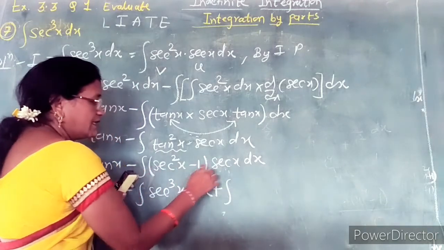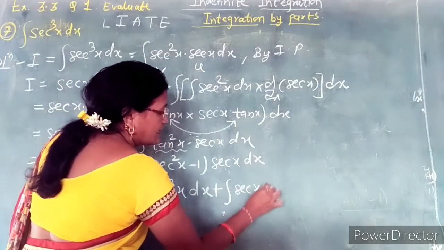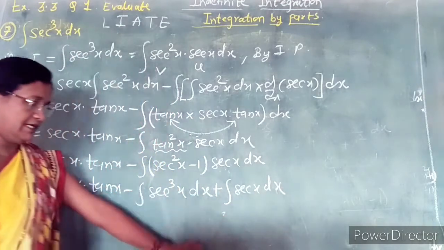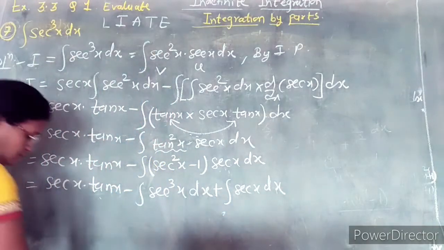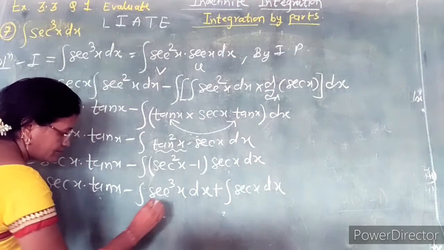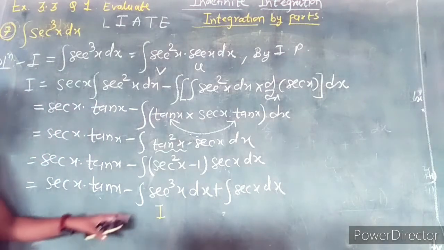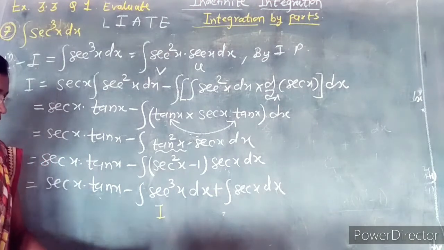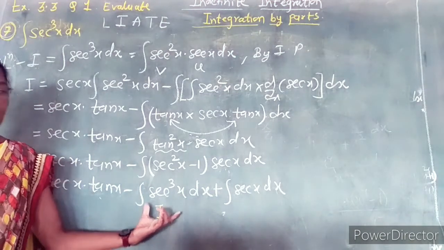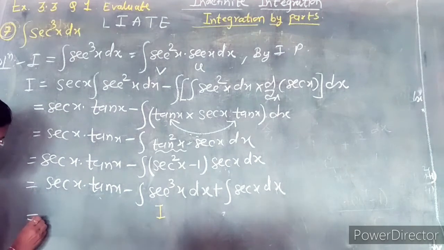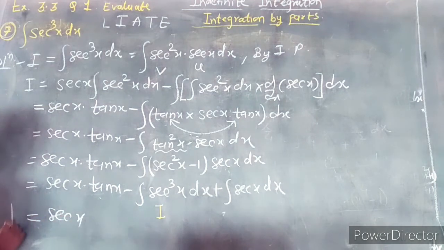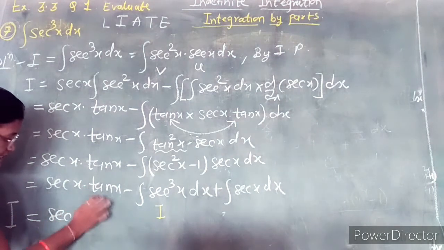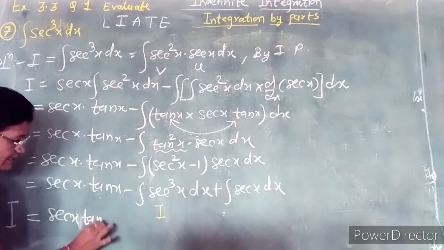Integral 1 into sec x means only sec x with respect to x. Now this is the given integral. Integral sec cube x dx, that can be evaluated. We have to find this integral of sec cube x, and therefore we get here that the value of I is equal to sec x into tan x.